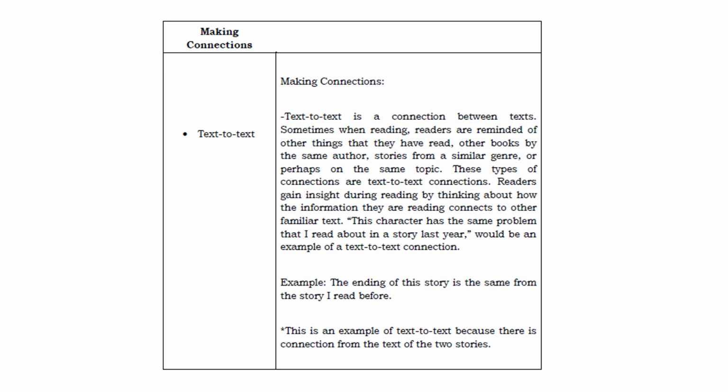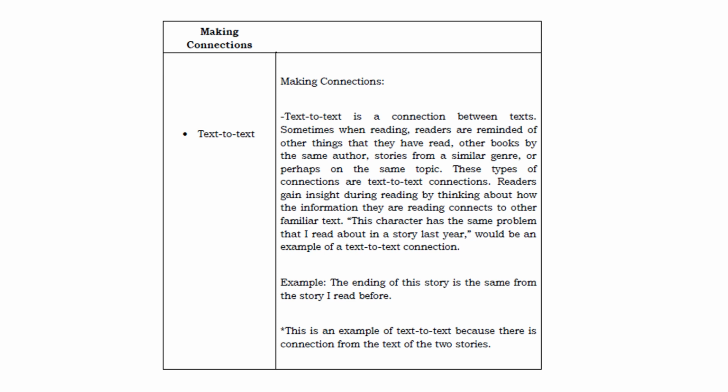This character has the same problem that I read about in a story last year would be an example of a text-to-text connection. So masasabi mo, itong nabasa ko para itong problema ng libro na nabasa ko noon. So, ibig sabihin, you are relating kung ano ang nababasa mo ngayon sa kung ano ang nabasa mo noon. That is a plain example of a text-to-text connection.